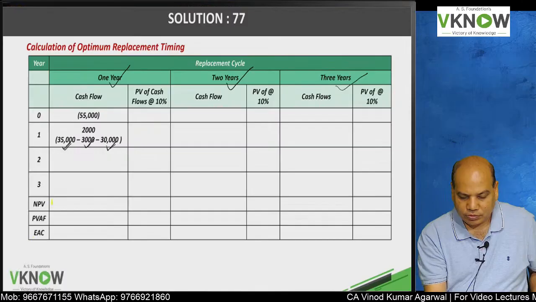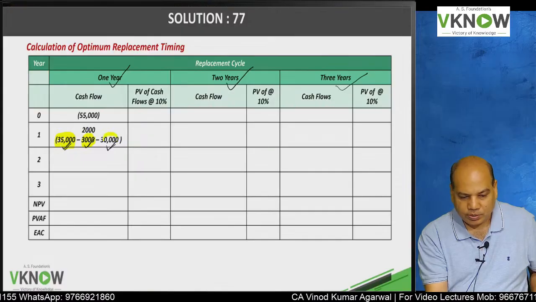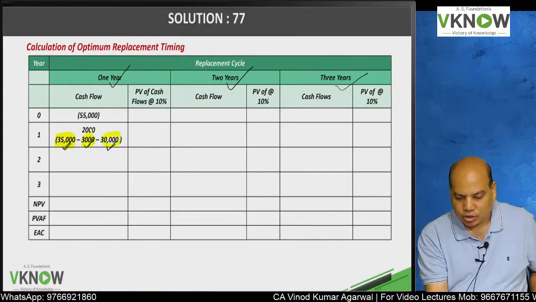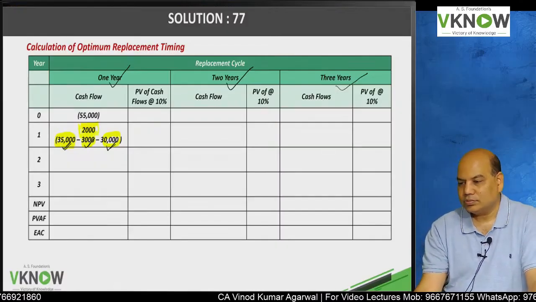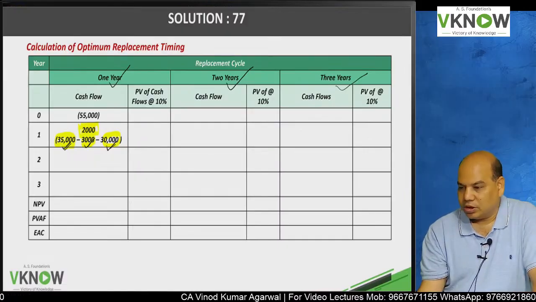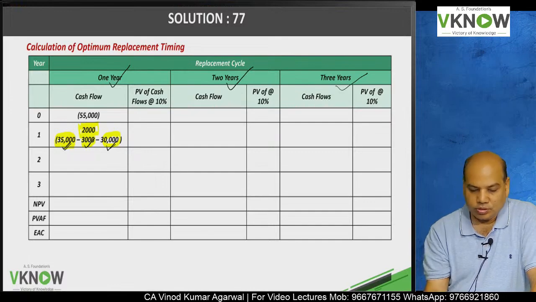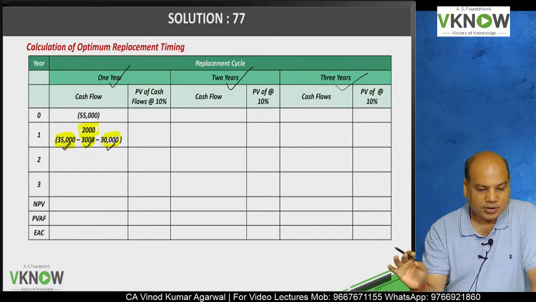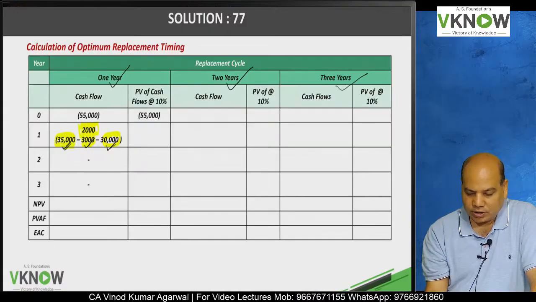I repeat, salvage value will be 35,000, road tax 3,000, petrol repair 30,000. So I will have a net cash inflow of 2,000. Do you agree? 2,000 rupees salvage value is more than the expense. Second year, third year, nothing.